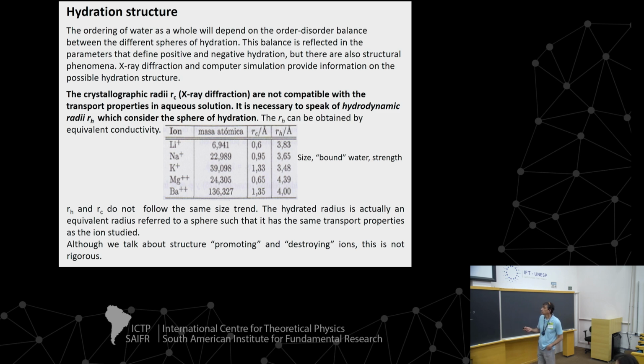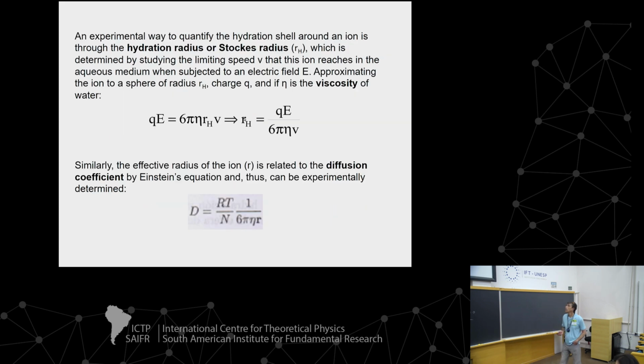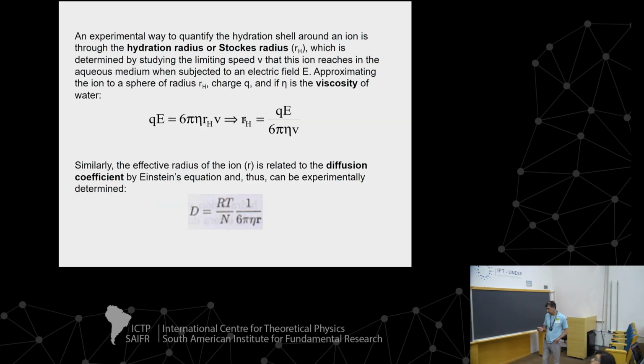And some people speak of ions which promote or destroy the structure of water, but in general, this is not rigorous. And this hydrodynamic radius, of course, can be calculated by viscosity measurements.